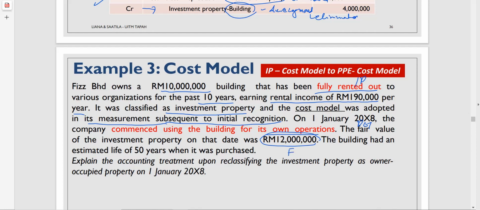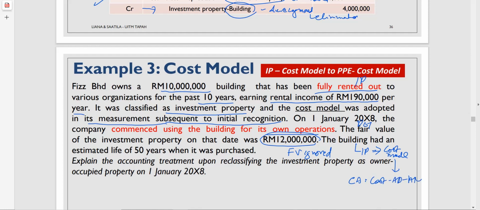But remember, fair value, you need to ignore it, because the IP was using the cost model. If you use the cost model, the carrying amount is not at fair value, but at cost minus accumulated depreciation minus accumulated impairment loss.